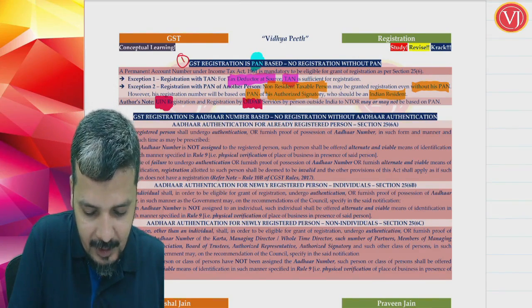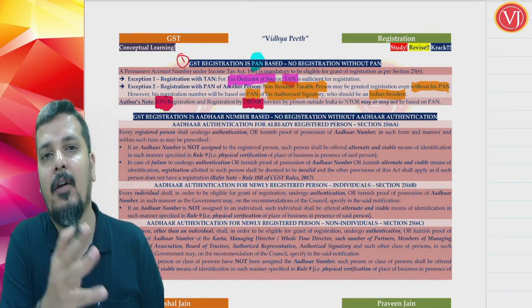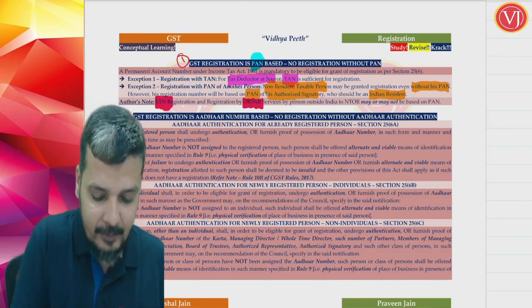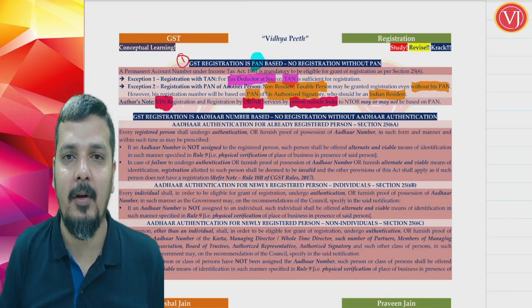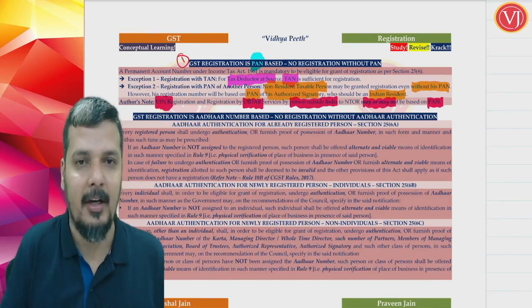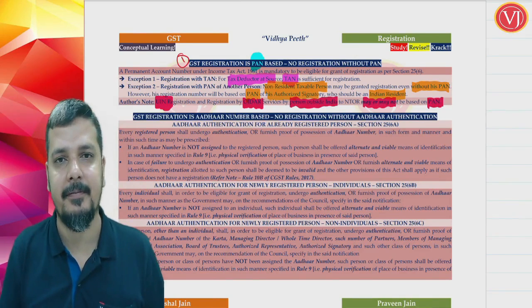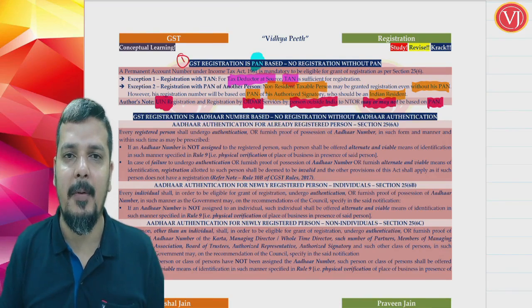Also, registration taken by OIDAR services, a supplier of OIDAR services, online information and database access and retrieval services, who is outside India giving services to NTOR or non-taxable online recipient, may or may not be based on PAN. If they have PAN, well and good. If they don't have PAN, it may not be based on PAN.